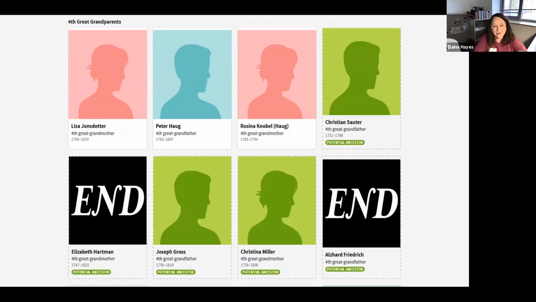If I go a little bit farther down, I have my great grandparents. And some of these, the ones that are in green or have the little dotted green outline, are people that are not in my family tree. My family tree ends before these people, but Ancestry thinks, based on my DNA, that these are possibly my fourth great grandparents.